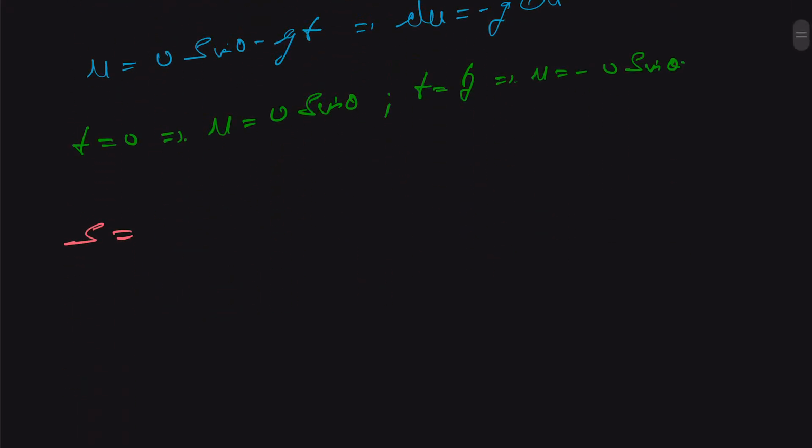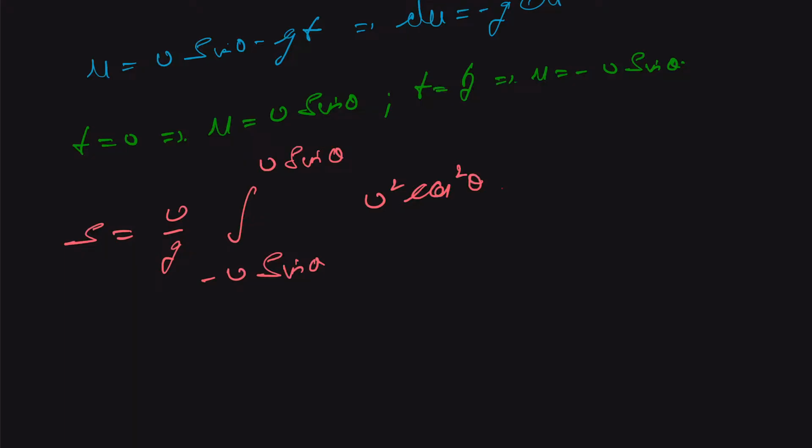So we can write this as v upon g, and integral from minus v sine of theta to v sine of theta, and we get this as v square cos square theta plus u square, and this is our du.